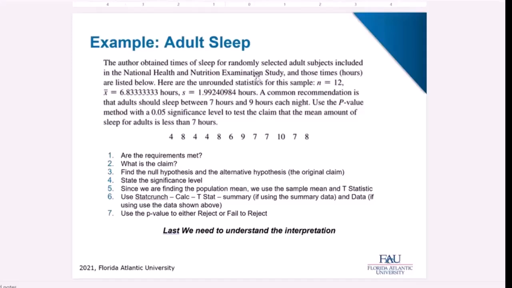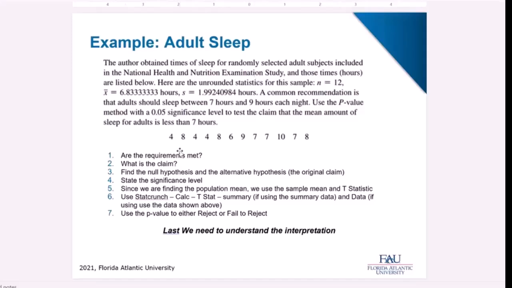We have X bar and S, our sample mean and our sample standard deviation. A common recommendation is that adults should sleep between 7 and 9 hours each night. Use the p-value method with a 0.05 significance level to test the claim that the mean amount of sleep for adults is less than 7 hours.